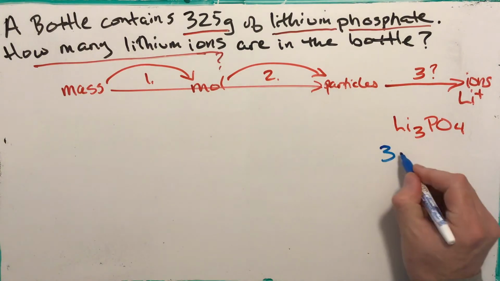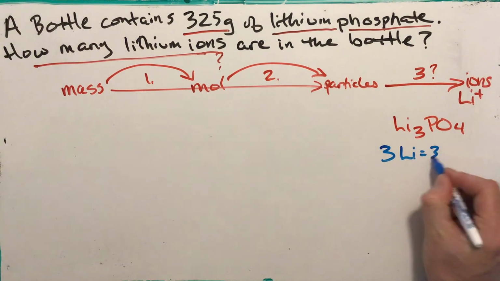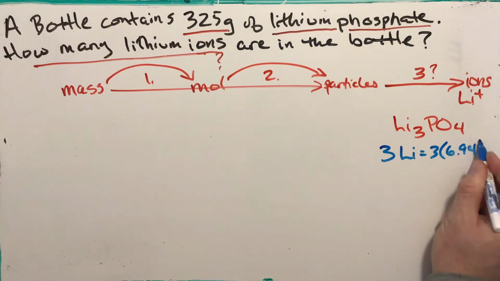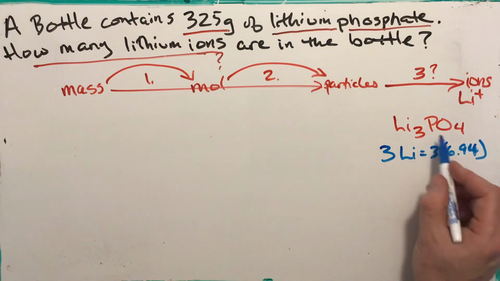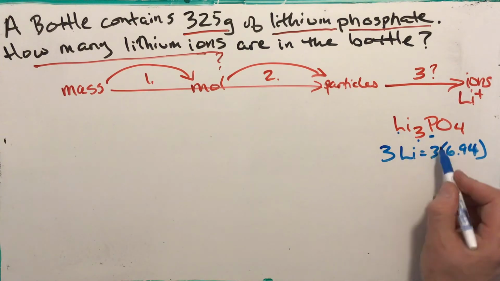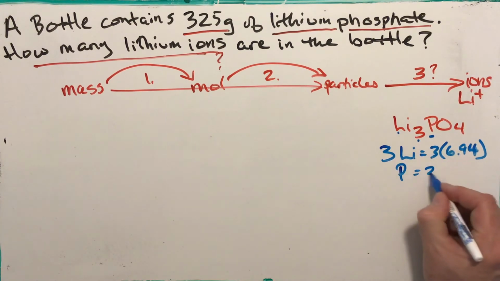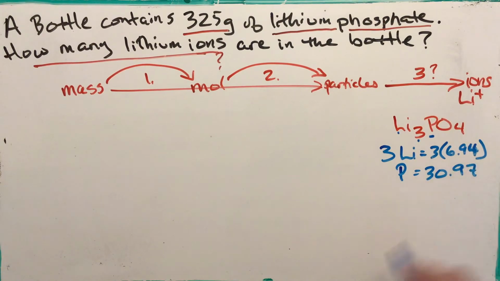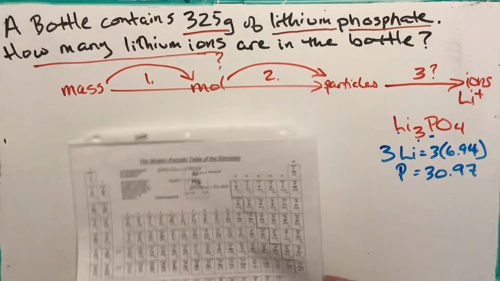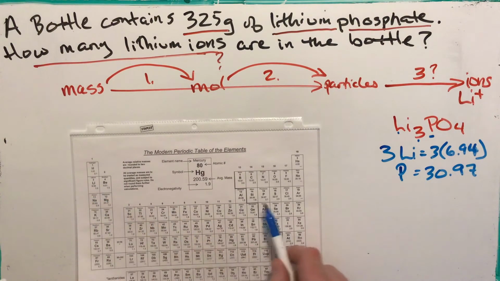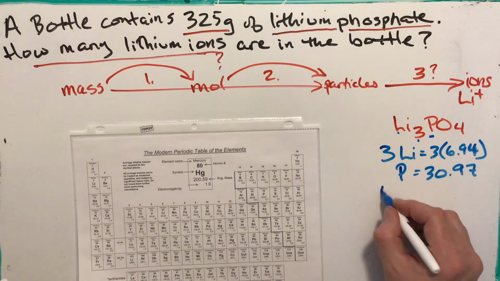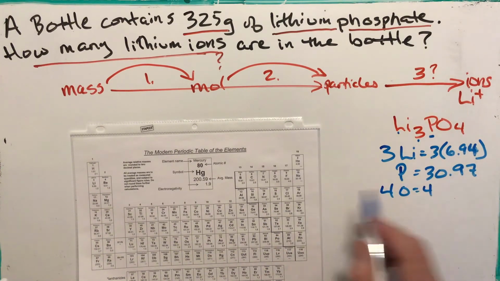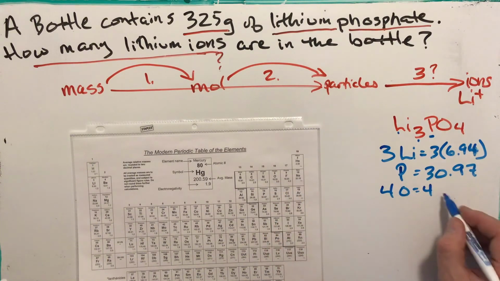So I've got 3 lithium, which is 3 times 6.94. And then I've got 1 phosphate, so I had 3 lithium, 1 phosphate, 30.97. And again, these values are right off of the periodic table. Lithium, 6.94. Phosphorus, 30.97. And I've got 4 oxygens, which is 4 times 16.